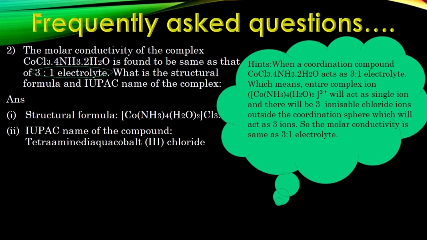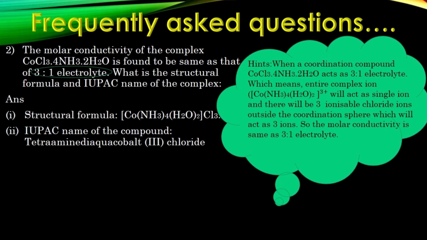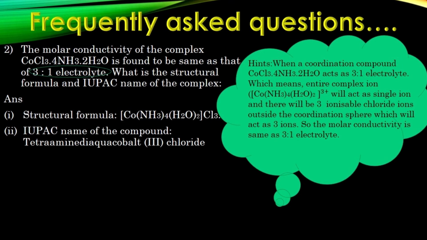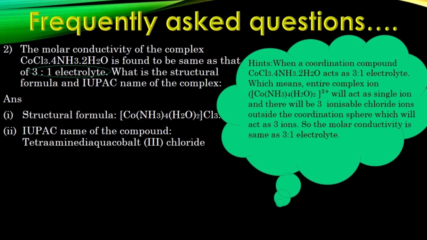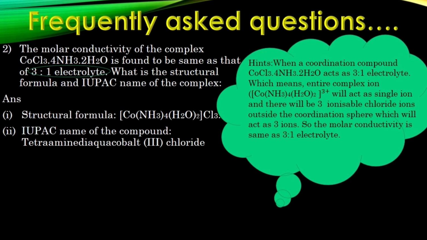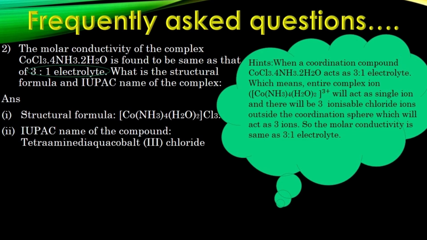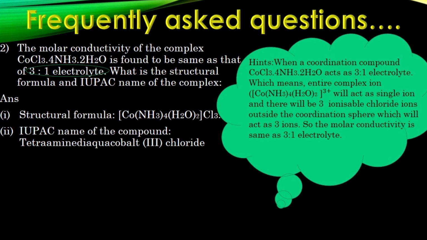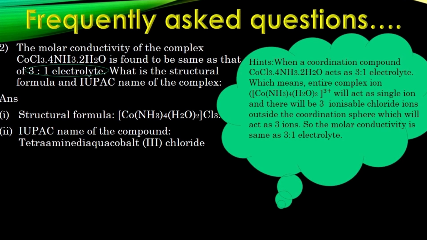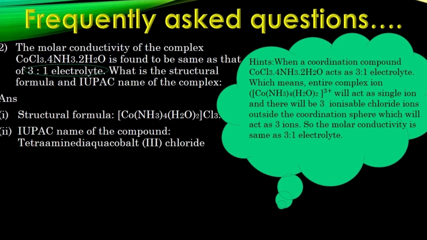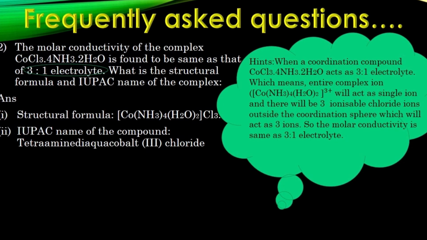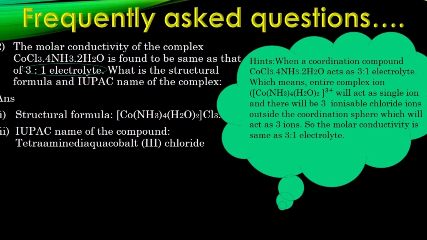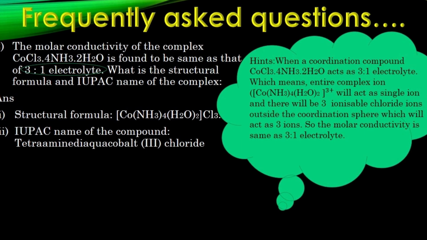We know the entire complex ion will act as one ionic species, and this 3 will be contributed by 3 ionizable ions which are outside the square bracket. So the formula of the complex will be [Co(NH3)4(H2O)2]Cl3, with 3 Cl⁻ ions outside the square bracket. Then only this complex will act as a 3:1 electrolyte.